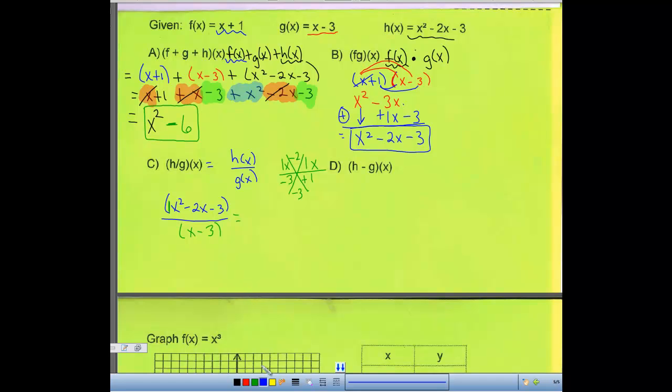So let's replace x squared minus 2x minus 3 with x minus 3 and x plus 1. Now rewrite x minus 3 underneath. And notice, I can get rid of the x minus 3's because they are exactly alike, and that leaves x plus 1. And this problem is complete.